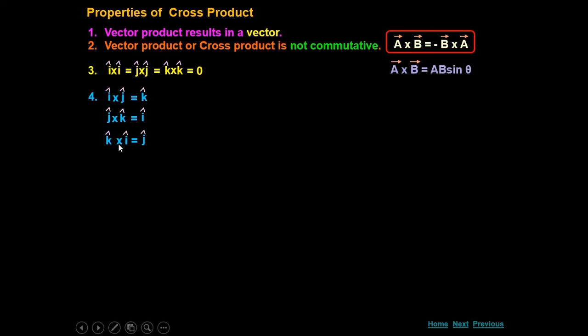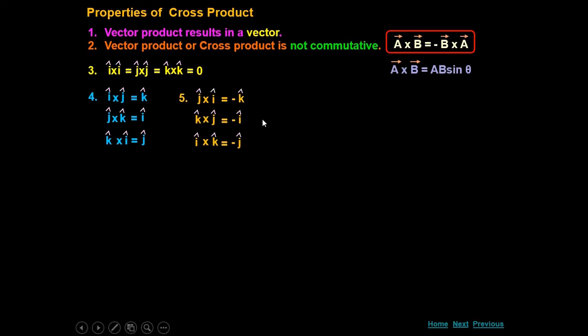Similarly, k cap cross i cap: k is along the z axis, i is along the x axis. So this is in the zx plane. The axis perpendicular to the zx plane is y. So along the y axis the unit vector is j cap. That is the reason you get k cap cross i cap equals j cap.